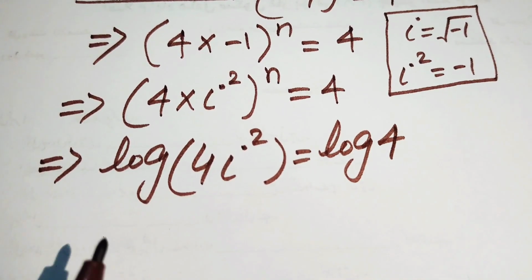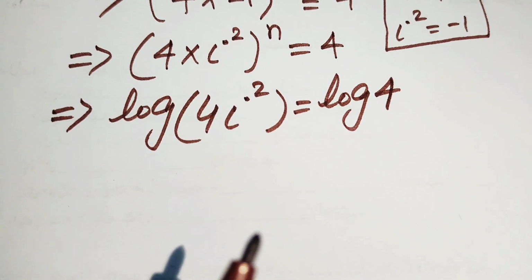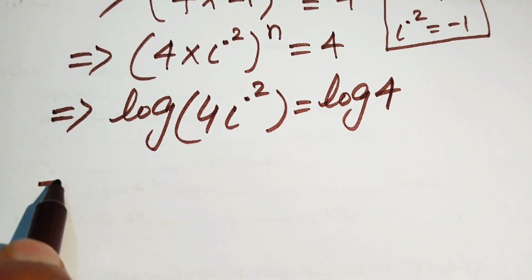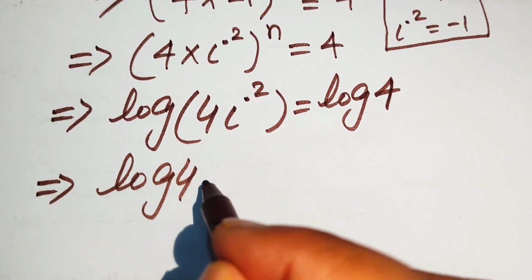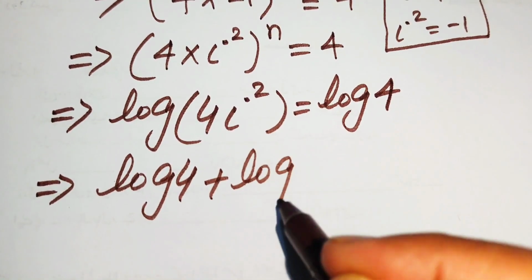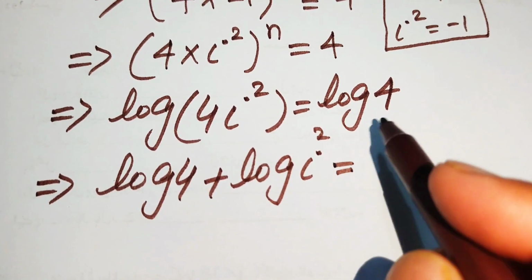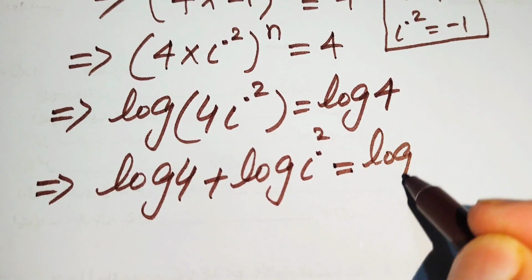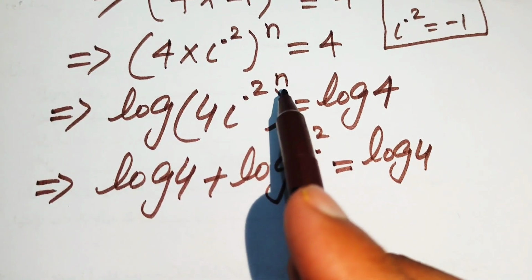So here we again use the property of log, and it will be written in this form: log of 4 plus log of iota square is equal to log of 4. So here you have the exponent n.